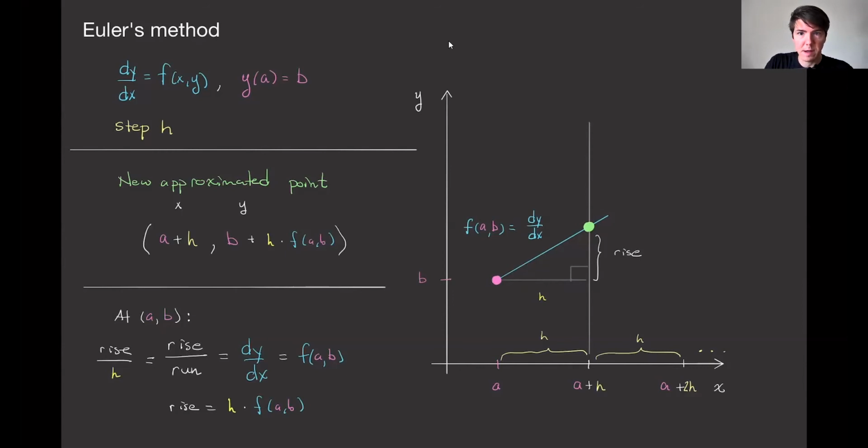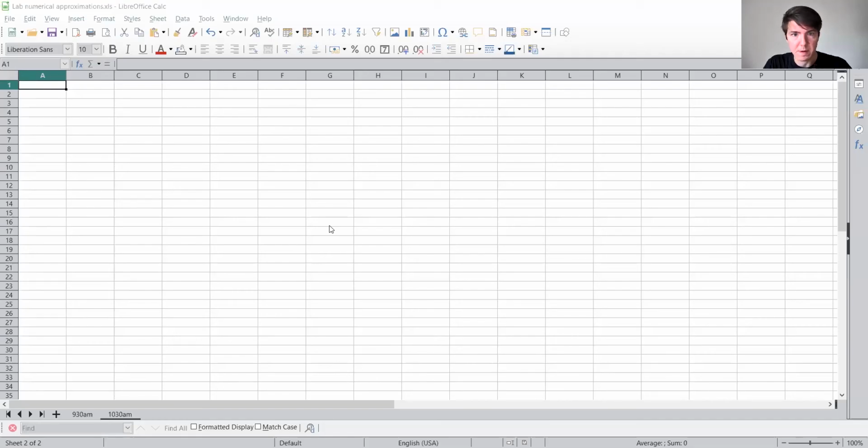I see that I have a frozen screen for some reason. So it's actually a good time to switch anyways. I'm going to stop sharing this screen, and then we're going to look at Excel, or actually LibreOffice. So I'm changing this, and now let's look at LibreOffice here. Okay.